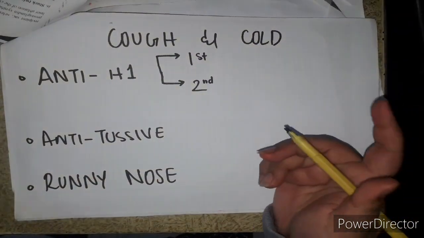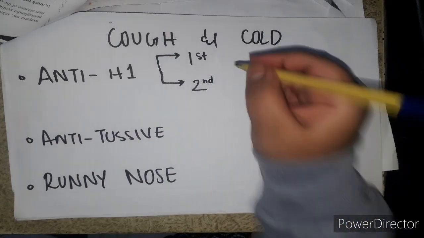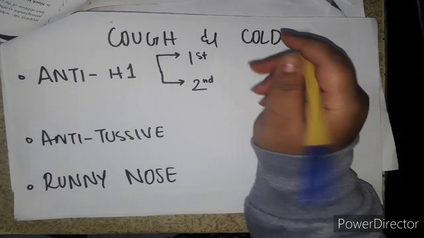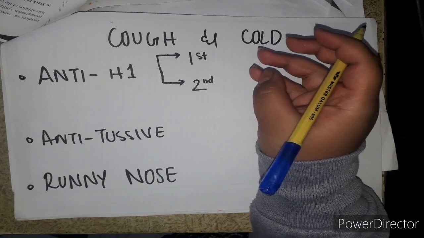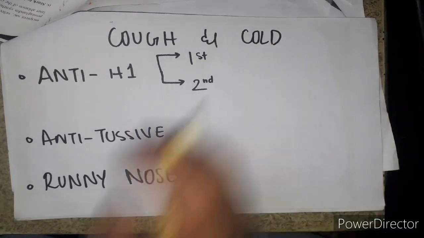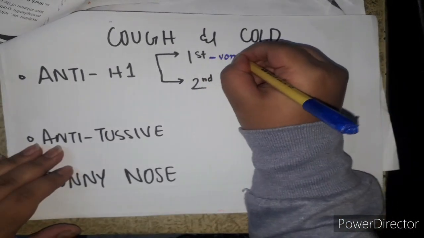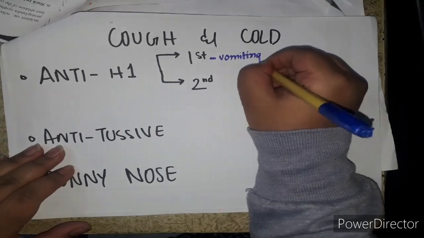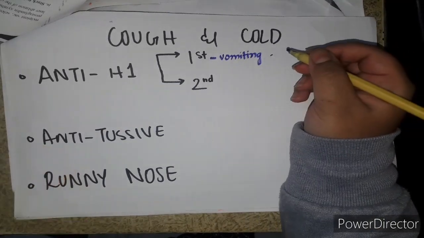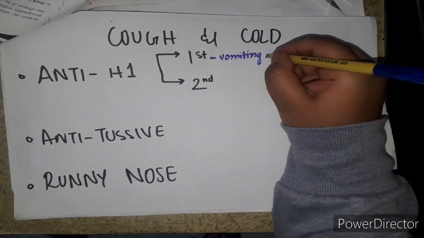Lastly, we have cough and cold medication. We have antihistamine drugs. Antihistamine drugs are of two generations. The first generation are like diphenhydramine, chlorpheniramine, and dimenhydrinate. They are usually used for vomiting related issues because they are CNS acting, like motion sickness or pregnancy related sickness, and they cause sedation.